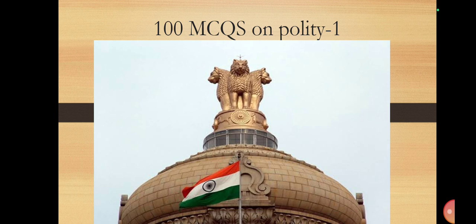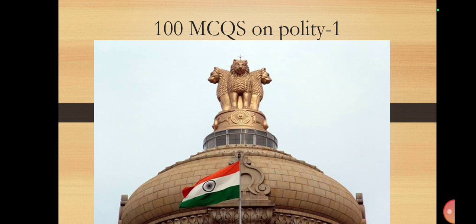Question number 71. Which of the following statements with regard to the Finance Commission in a state is not correct? Answer: The Chief Minister of the state decides the composition of the Finance Commission and nominates the chairman. This statement is wrong. The correct statements are: the 74th Amendment of the Constitution of India provides for the establishment of a Finance Commission by a state to review the financial position of the municipalities.